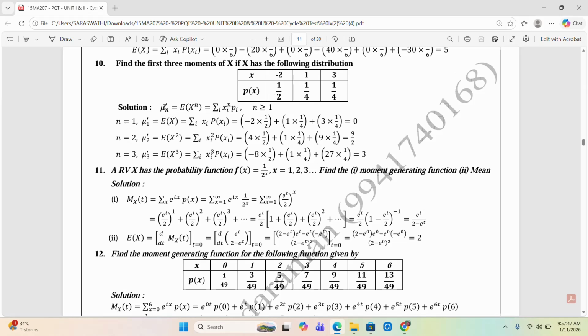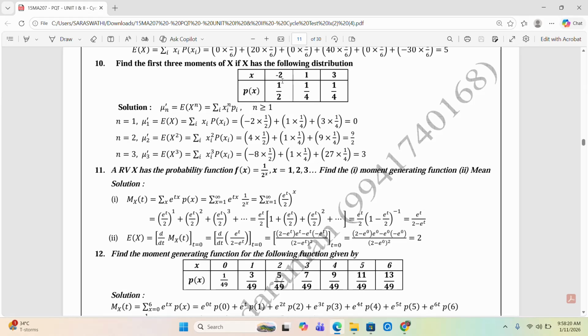Mu n dash is equal to E of x power n, which is equal to the summation of xi power n into p of xi. So that's the formula. If n is equal to 1, mu 1 dash is E of x, which is x into p of x.